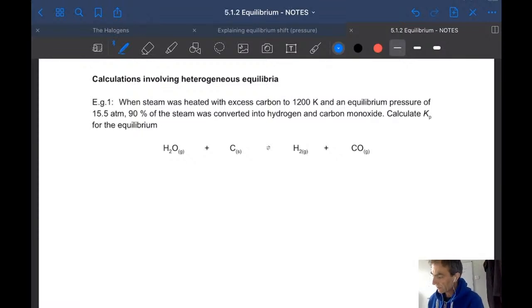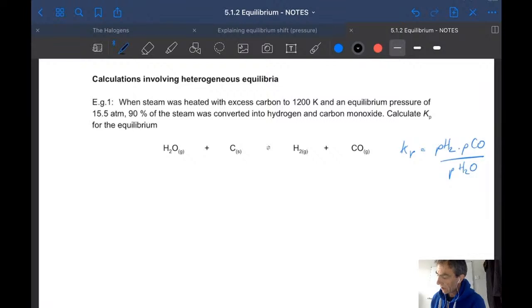The first thing I'm going to do is write the Kp expression. Kp is equal to the partial pressure of hydrogen multiplied by the partial pressure of carbon monoxide, all over the partial pressure of the steam. Remember, the carbon's not featuring in that Kp expression because it's a solid.